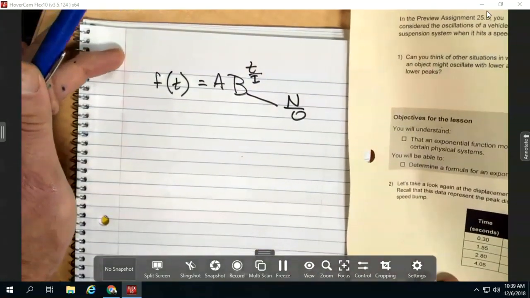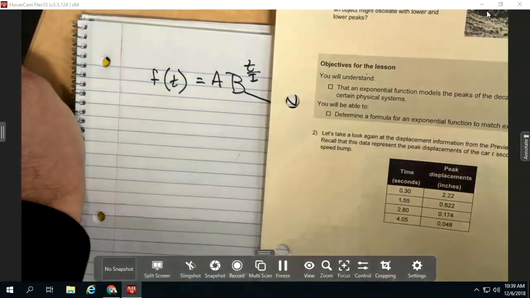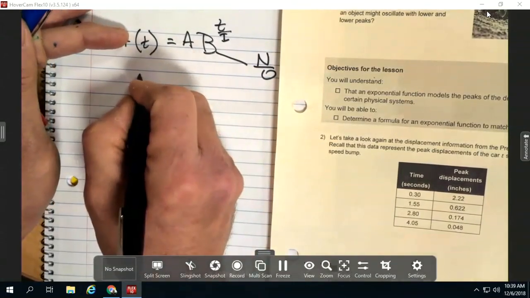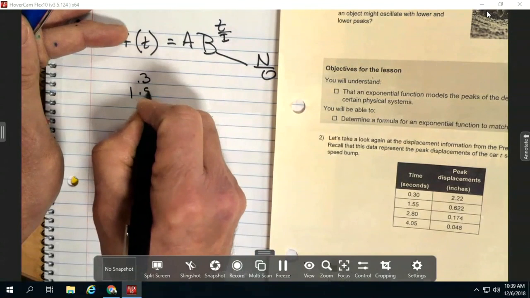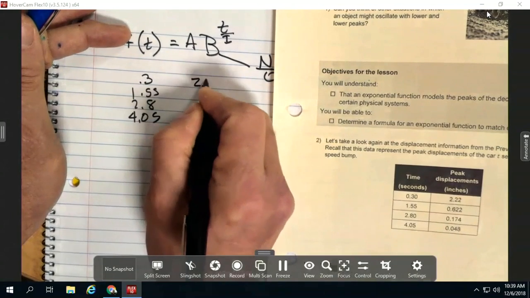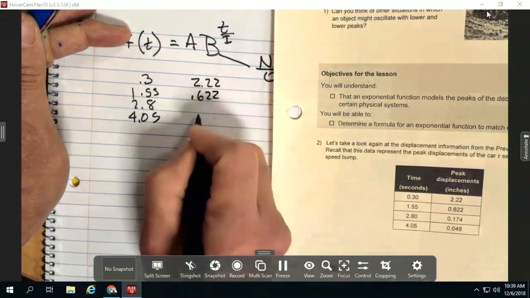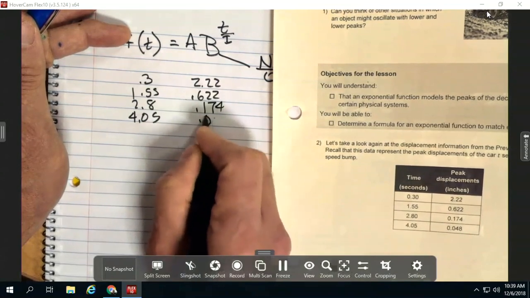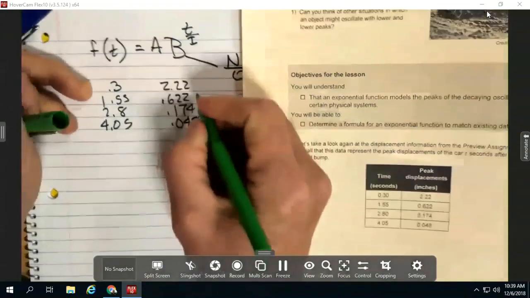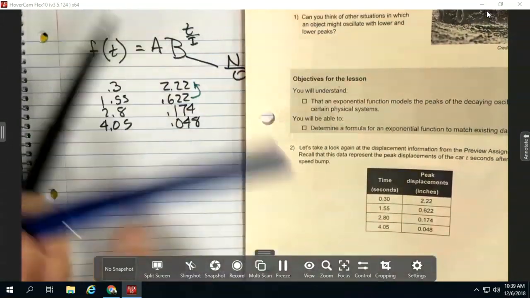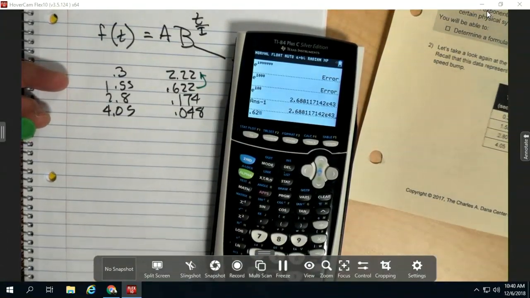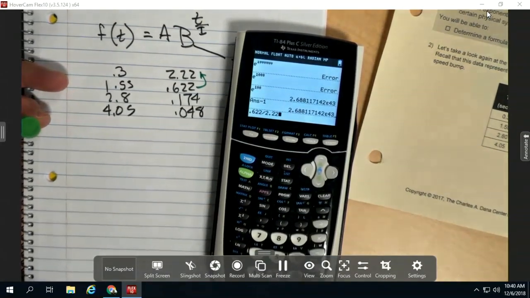Let's go through our table here on page 329 and find what the ratio is between the new and the old. So let's see: 0.3, 1.55, 2.8, 4.05, 2.22, 0.622, 0.174, 0.048. So the first one that we want to do is 0.622 divided by 2.22.